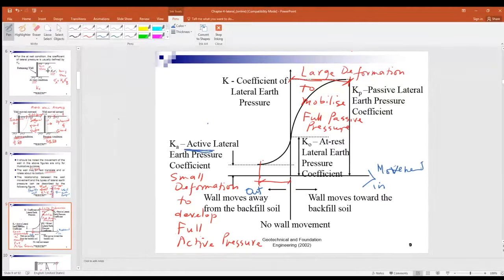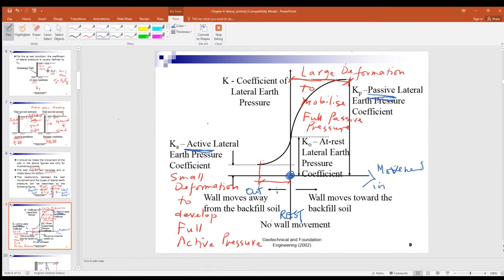So on the right hand side, because the wall is moving out, that's active. And here, if that is moving in, that is passive. But here, it's not going out or moving in, so that is zero movement. So that is at rest, because there will be no wall movement.